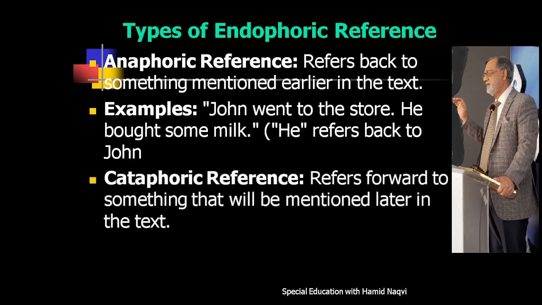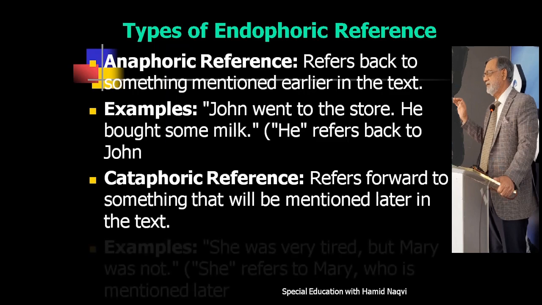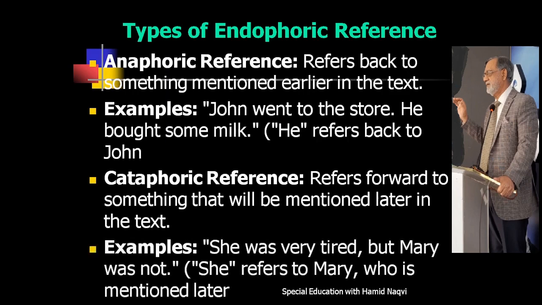And the second type of endophoric reference is cataphoric reference. And cataphoric reference is the reverse of anaphoric reference in that it refers forward to something that will be mentioned later in the text, and the example would make it clear. She was tired, but now we do not know who is she.